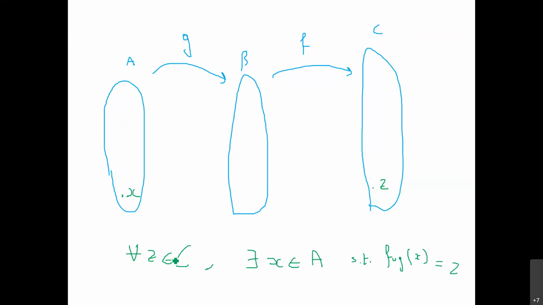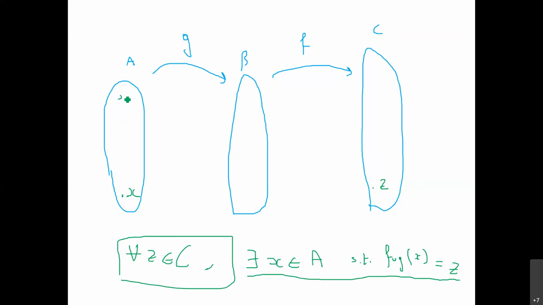That's all you have. That's what you want to prove. So you have this as given, like, hey, z belongs to C. You want to prove that you can find an x in A such that f round g of x is z.